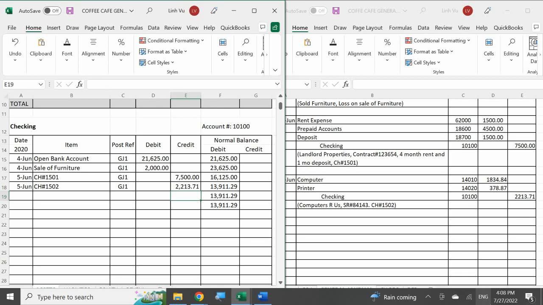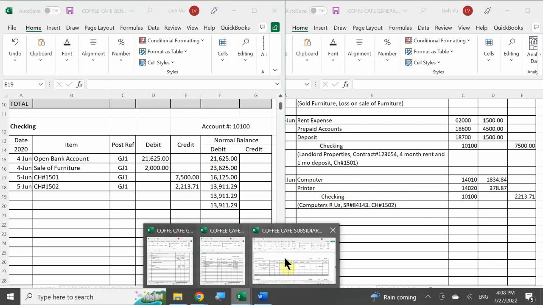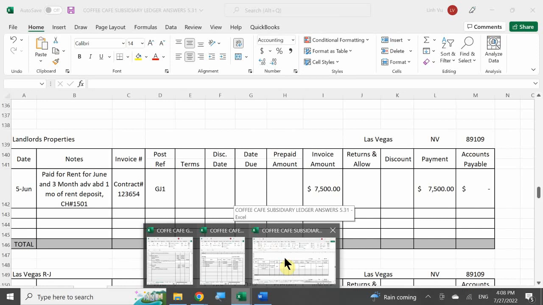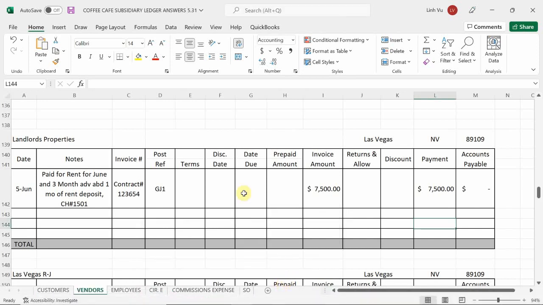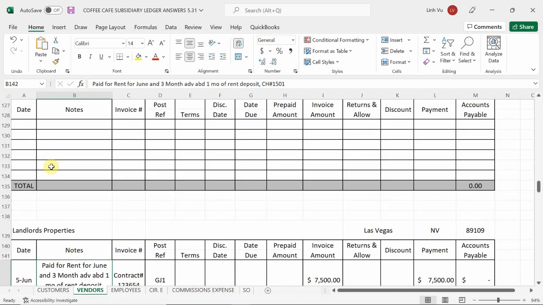So I need to keep a track record with the company that I purchased my computer system from for my own personal records. So I need to update my subsidiary ledger. In this Computers R Us subsidiary ledger, it's going to be a vendor because you purchased it from somebody. Okay.